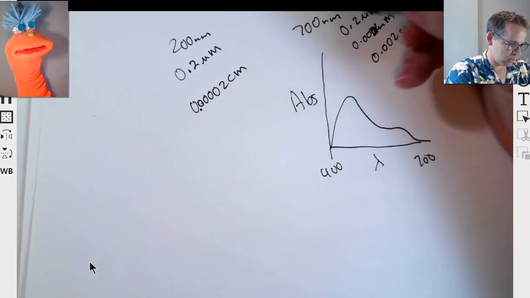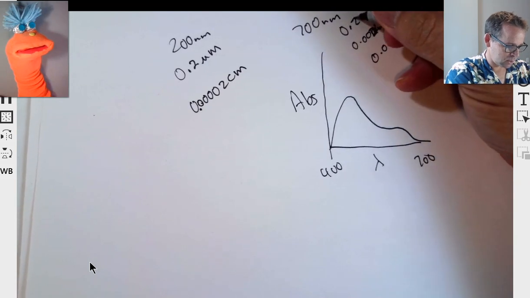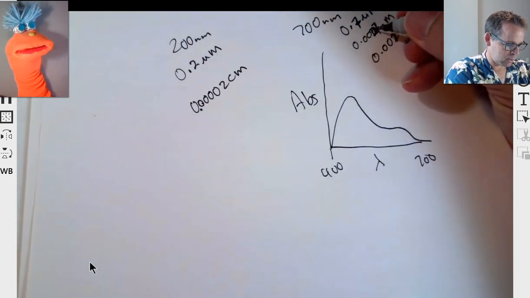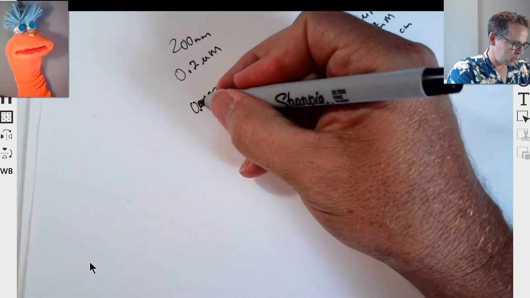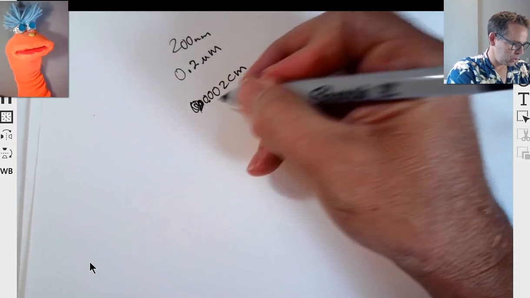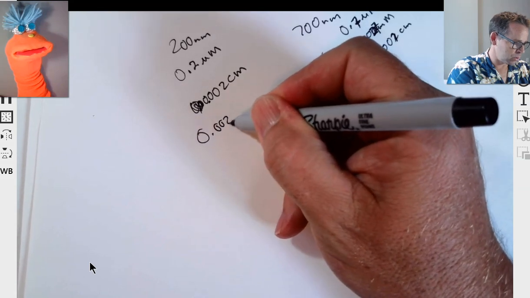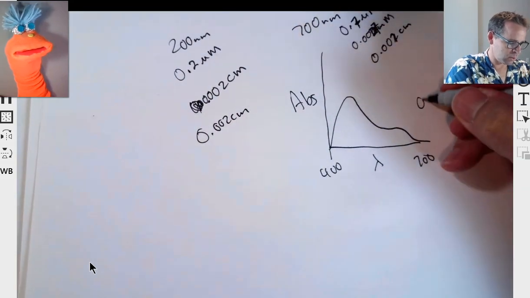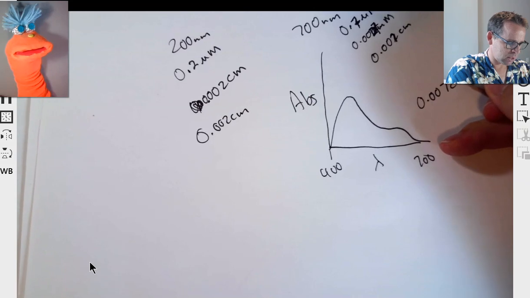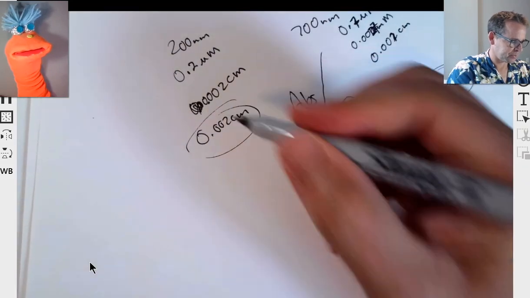So this is 0.0002 centimeters, and this is 0.0007 centimeters, okay?